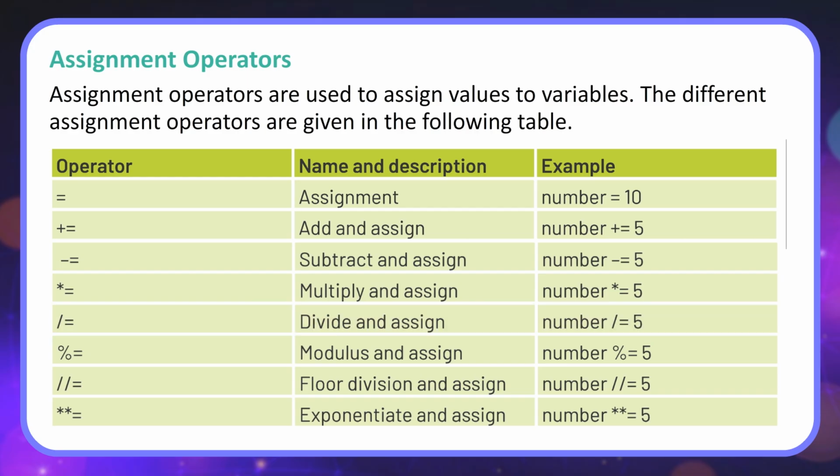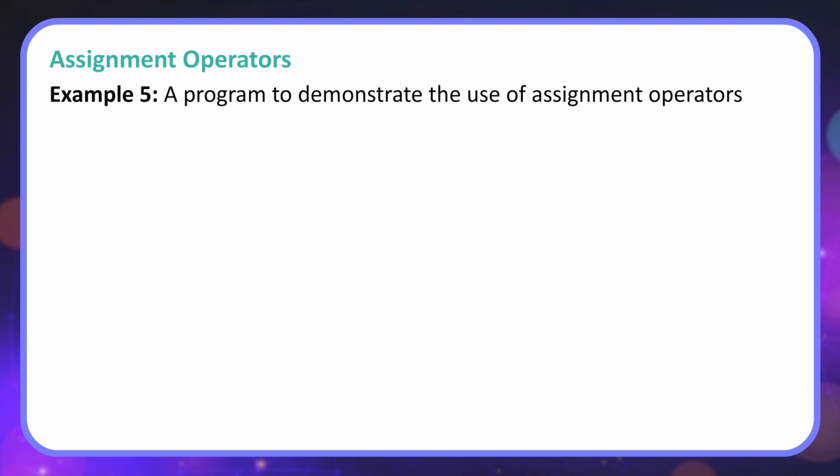Slash equals, divide and assign, number /= 5. Percent equals, modulus and assign, number %= 5. Double slash equals, floor division and assign, number //= 5. Double star equals, exponentiate and assign, number **= 5.